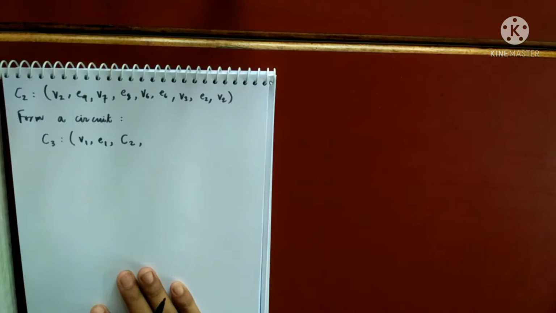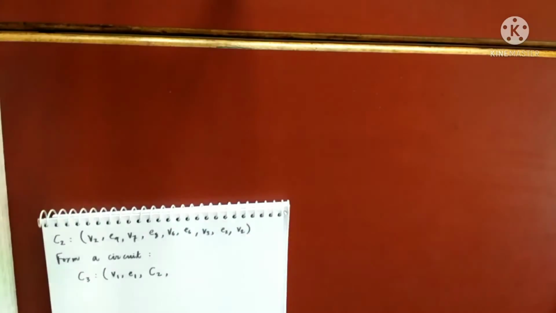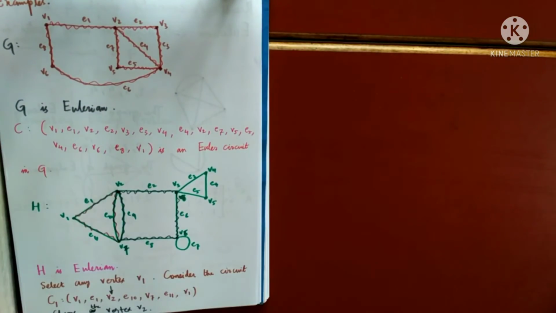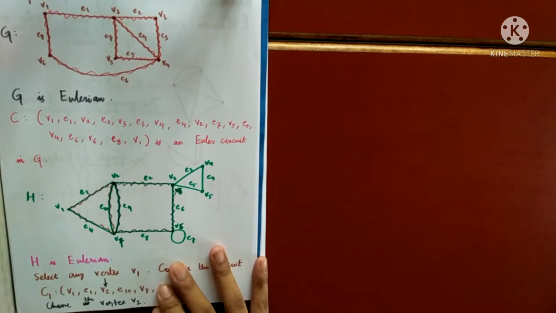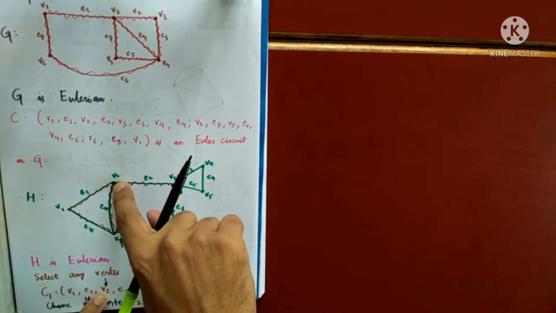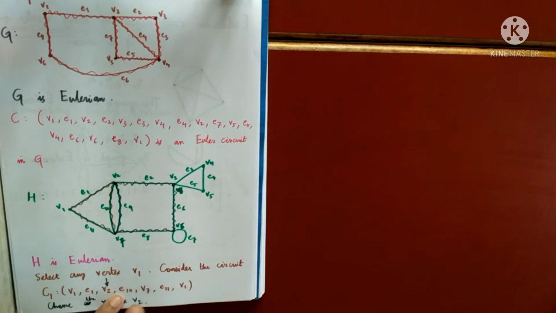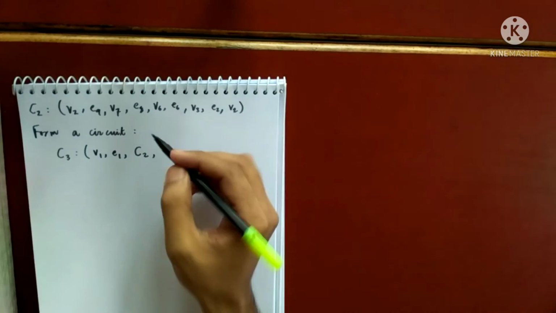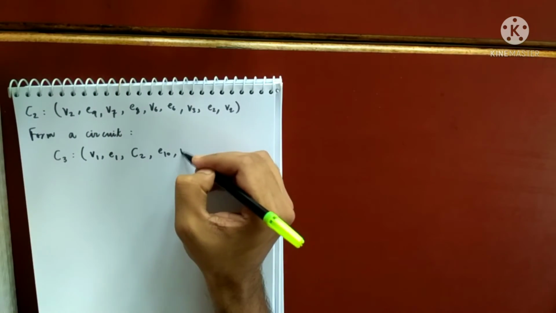So V1, E1, instead of V2 I will write C2. Then after C2, you continue what was there. By the end of C2, we have again reached V2 and then you can continue from here. So E10, V7, E11, V1.